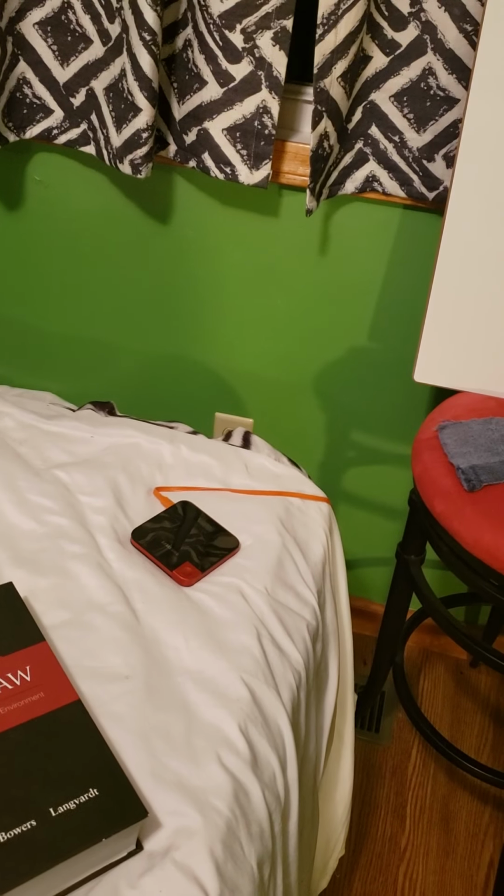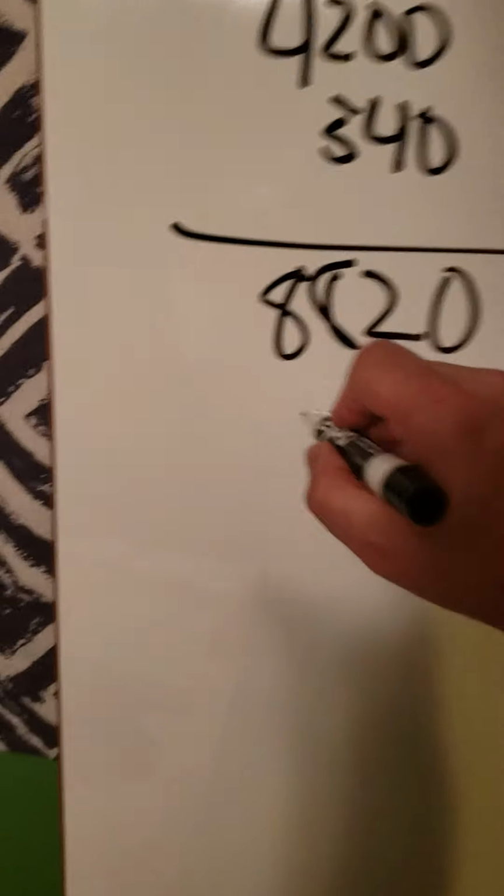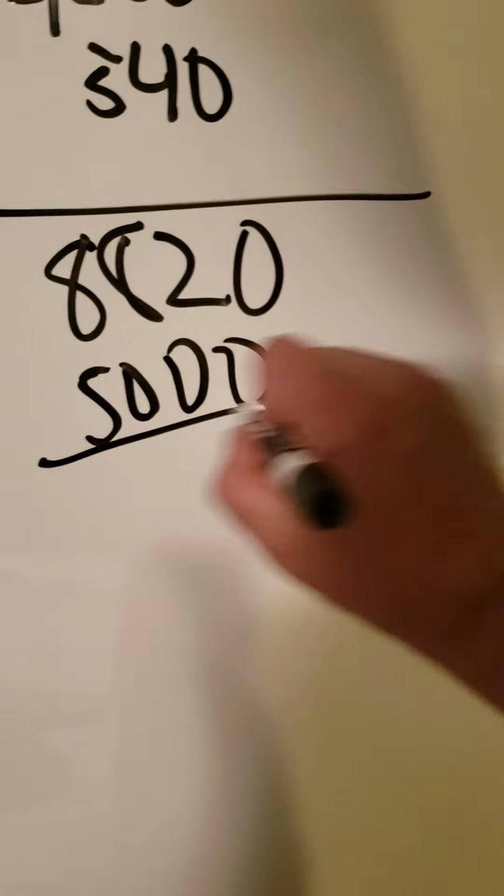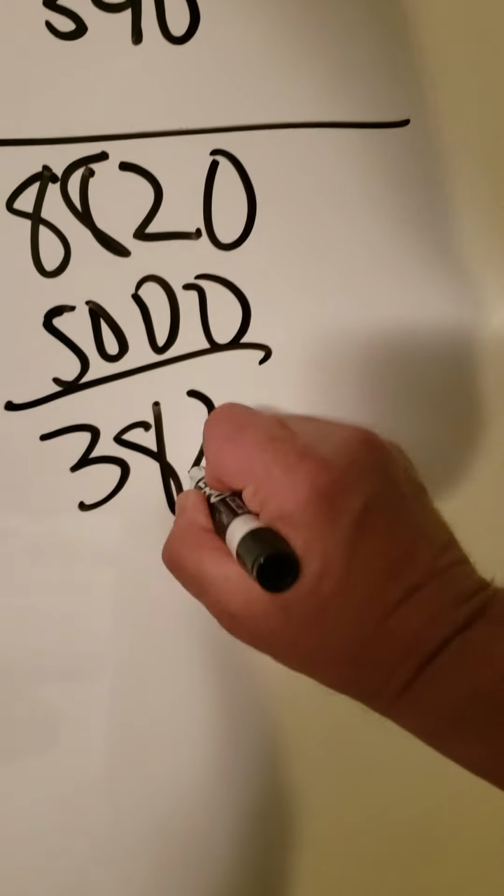And that all totals up to $8,820, I believe. We're then going to take off of that my insurance reimbursement of $5,000. So my deduction is going to be equal to $3,820.